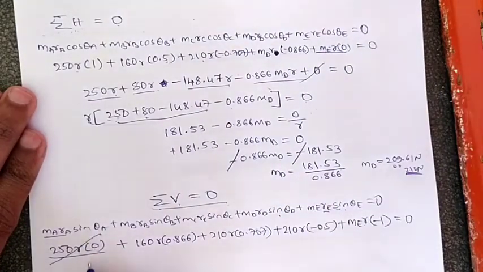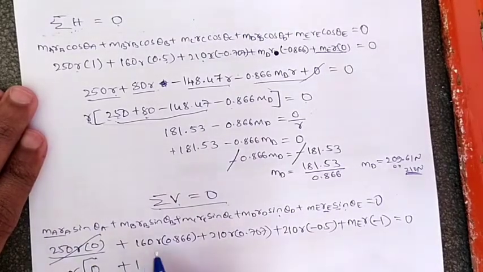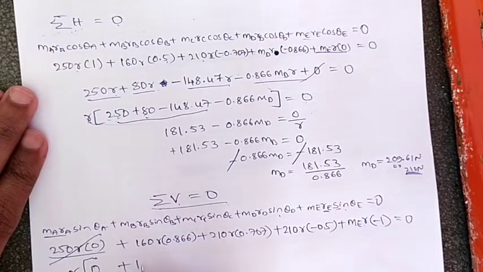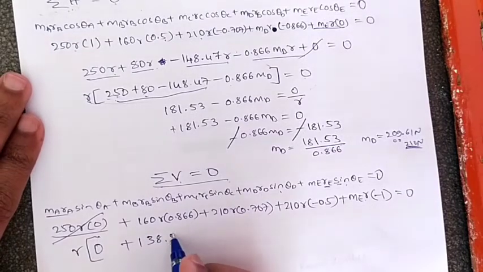So this will be 0, plus you take R common. So it will be 160 into 0.866. When you find out 160 into 0.866, you will get 138.56.